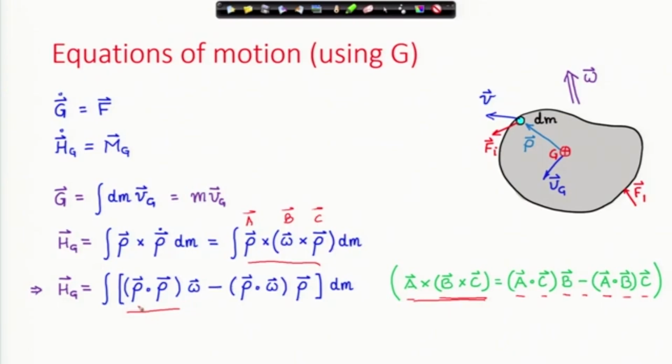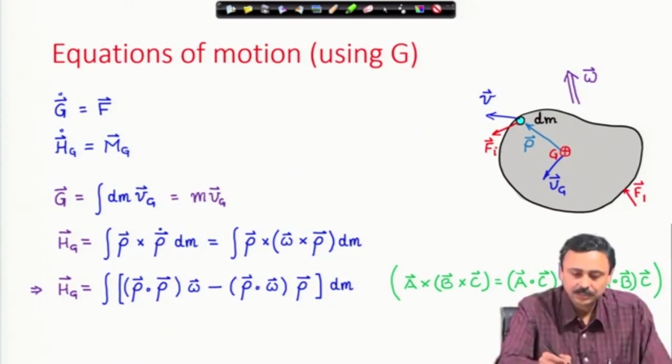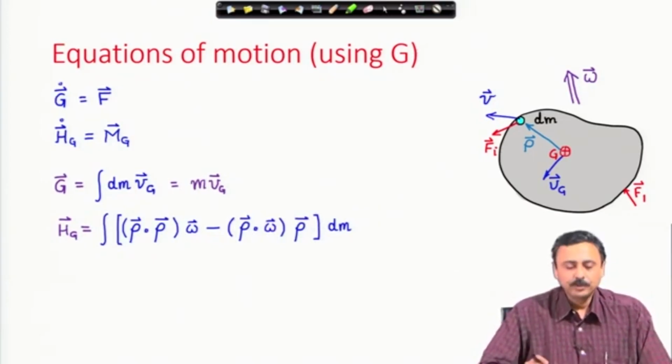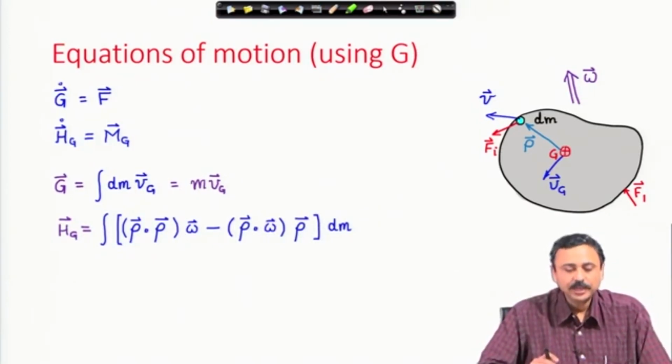We have rho dot rho times omega minus rho dot omega times rho. Since dot product is simpler than cross product, this expression of Hg, the angular momentum about g, is very useful for calculations. I have removed the intermediate steps and written out the expression of Hg in terms of these dot products.